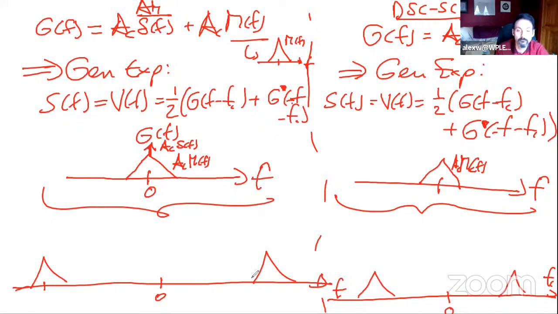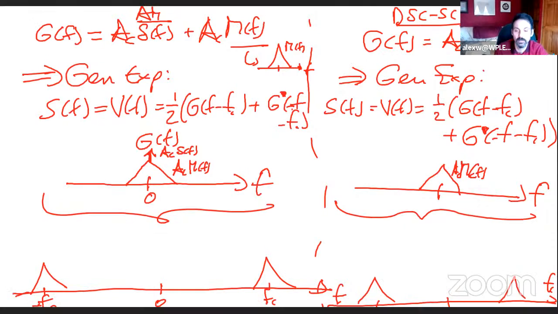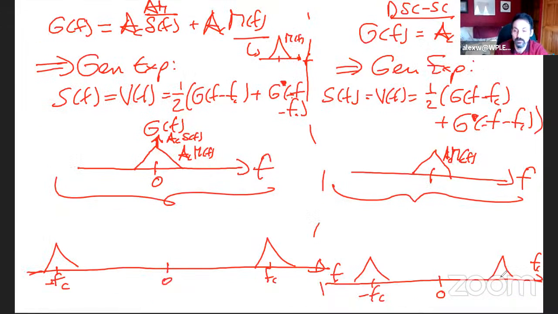So you get minus FC, FC, minus FC, there we go. Minus FC, FC, delta, delta, because of this thing, right? You don't have it on this end.